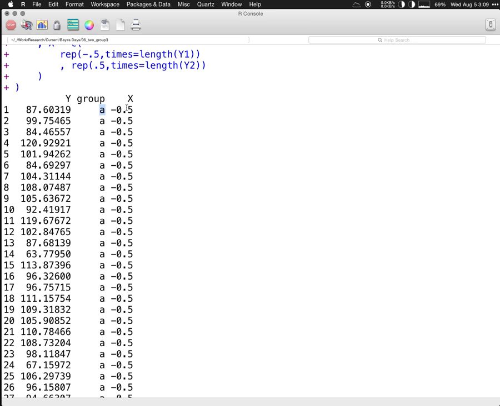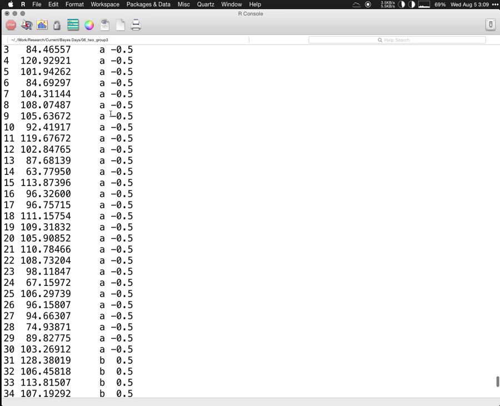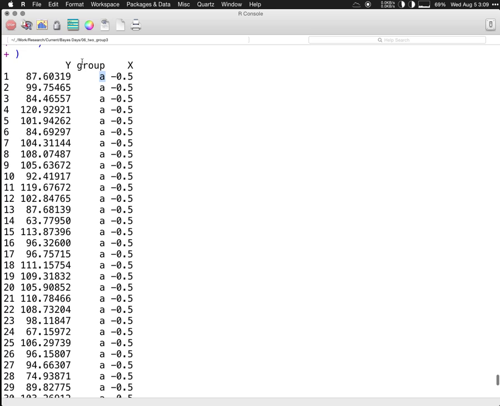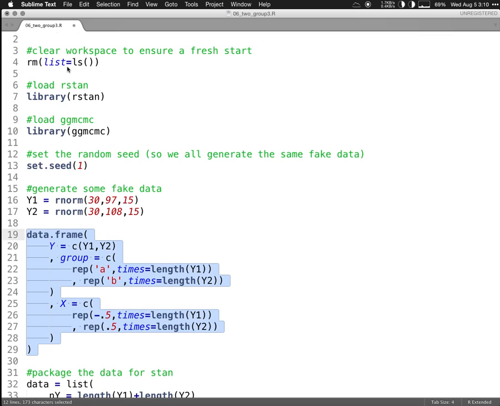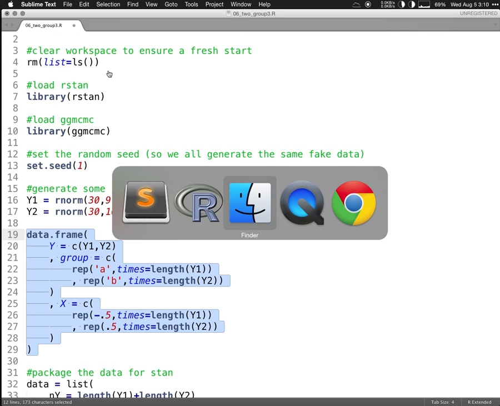If you just have two groups, it'll turn that group column into a factor, and then when you do, say, a linear model, Y as a function of group, it will automatically create a numeric value for each thing in the group column. So I'm just showing it a little bit more explicitly because Stan wants to see that.